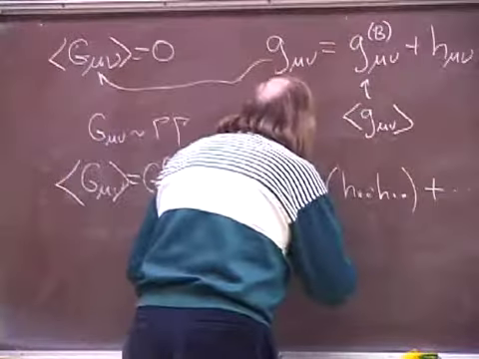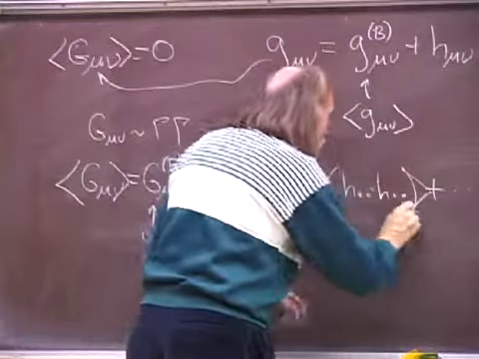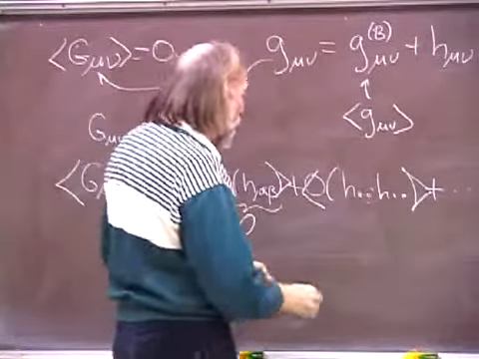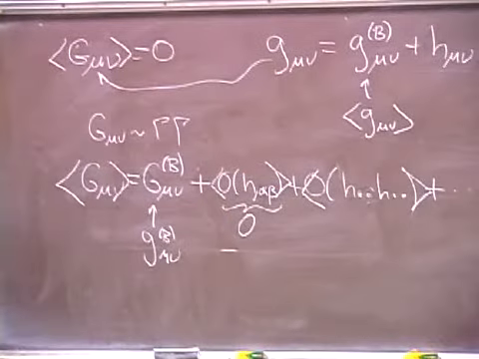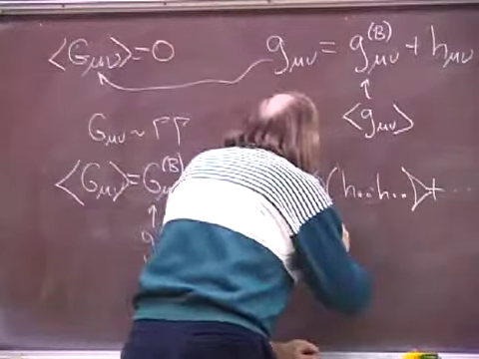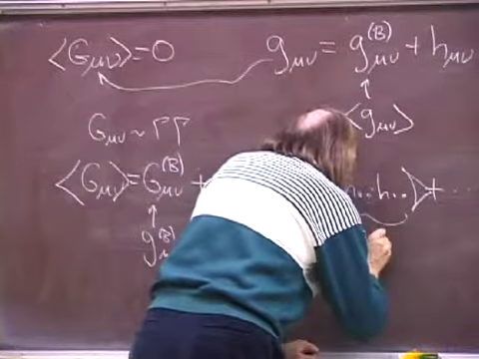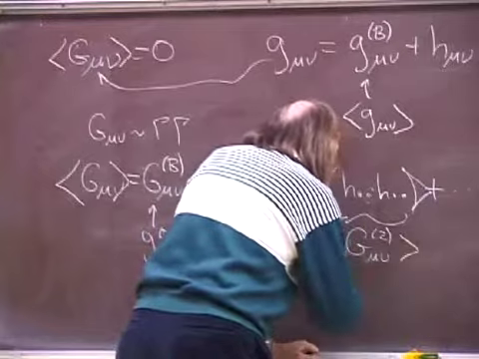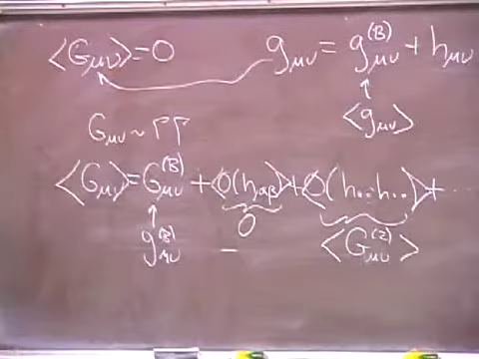And I will have, however, something that is an average of something that is the square of an h. And this piece I'm going to call G2 mu nu average. It's the piece of G that is quadratic in h. It's quadratic in the metric perturbation.